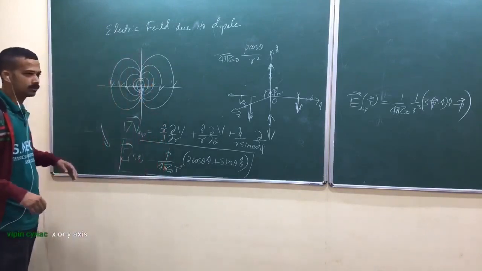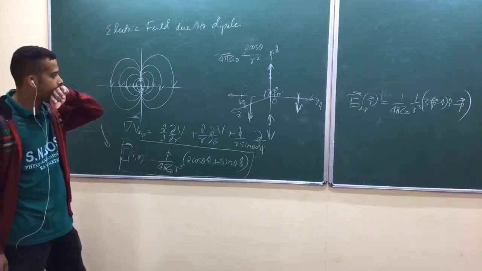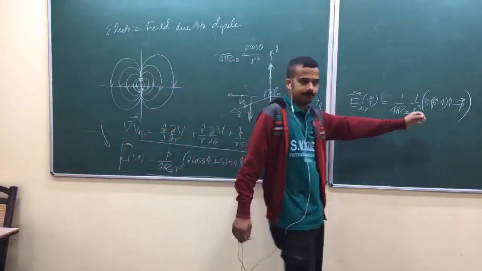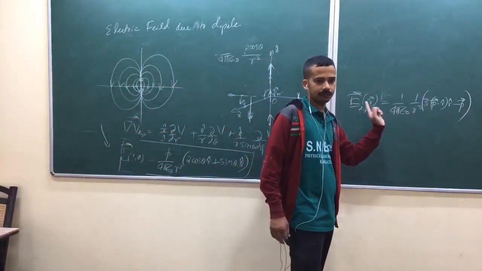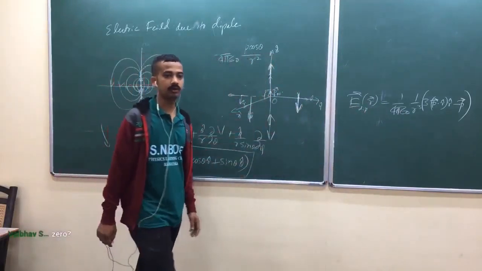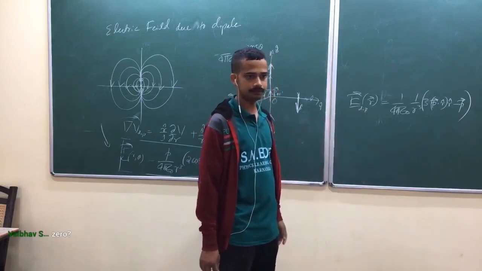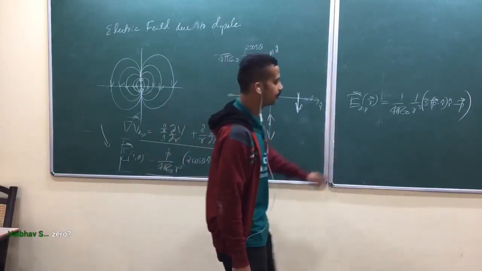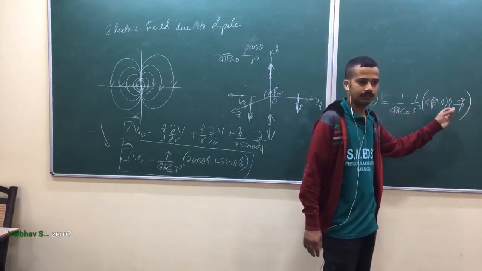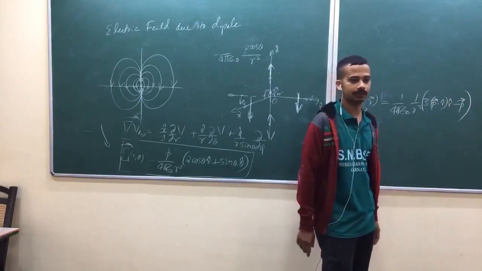V minus, I don't get it. So then you'd better use this one. If you are not aligning the dipole along the z axis, you have to take this one. That's why he derived the coordinate-free form like that, so you have to take this formula. Write your dipole p vector equal to p times y cap, or p vector equal to p times x cap, if you are aligning along x cap.